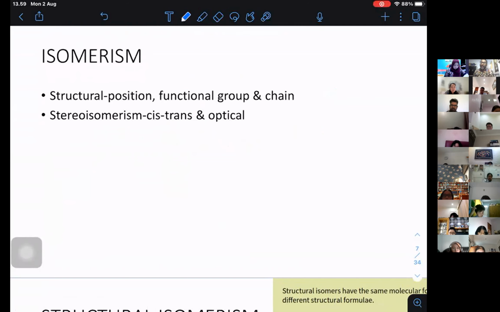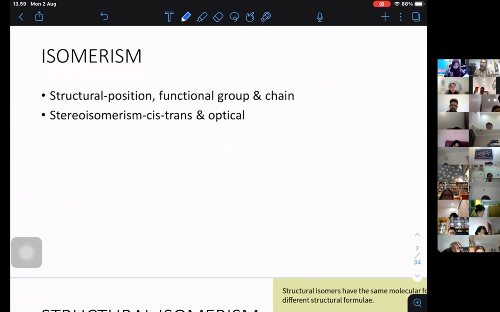Now, what you have over here is you can see the position of the Br is at a different place. When you have a different placing or different position, this is known as position isomerism, which is counted under structural isomerism. So why are they counted as structural isomerism?